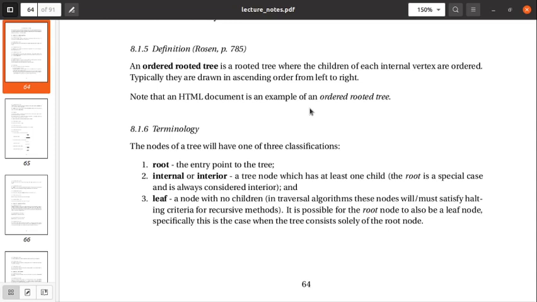So it might be text nodes, it might be buttons, it might be a form, whatever is inside of that div, and the children are ordered in this fashion.